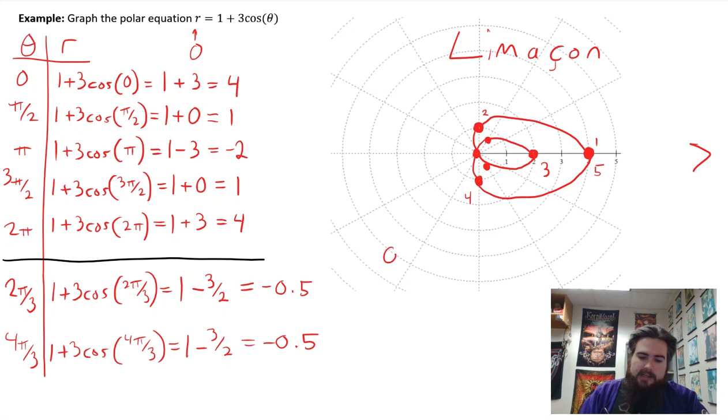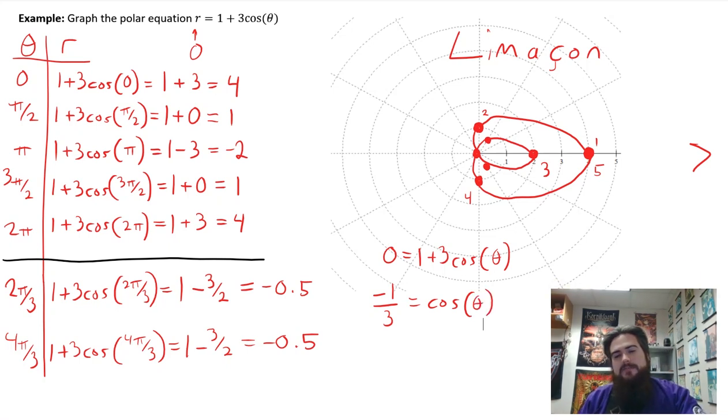If I plug in 0 equals 1 plus 3 cosine of theta, I can solve for cosine of theta by subtracting 1 and dividing by 3. I will get negative 1/3 is equal to cosine of theta.